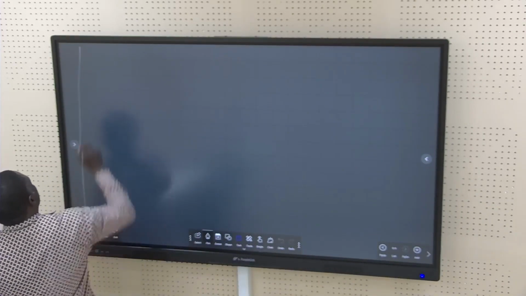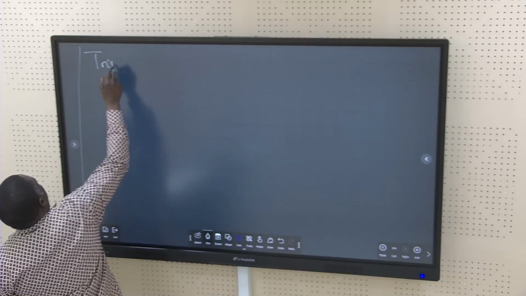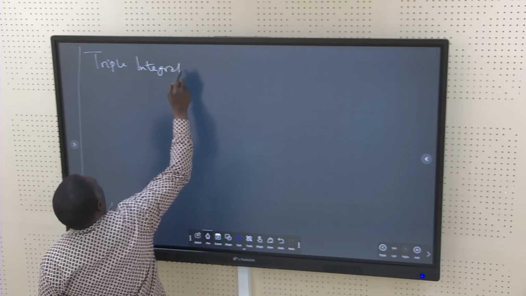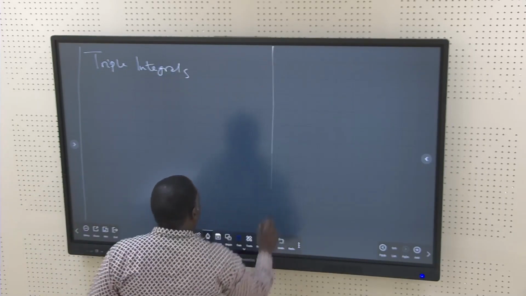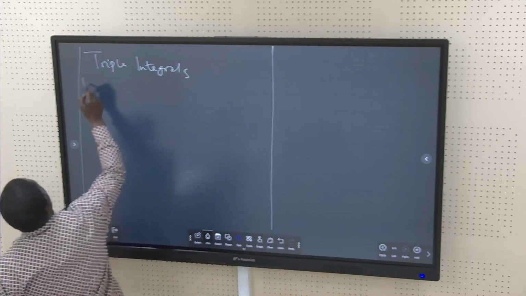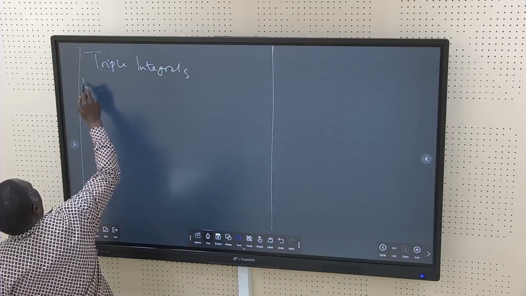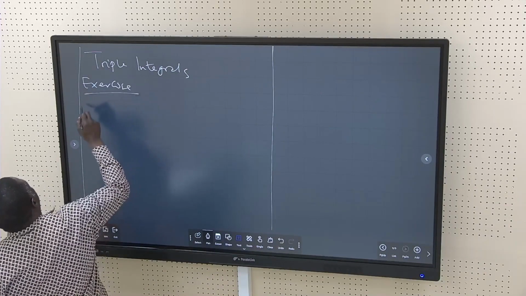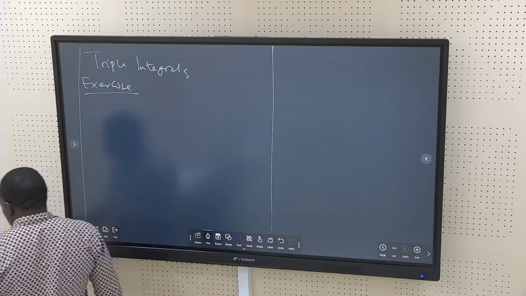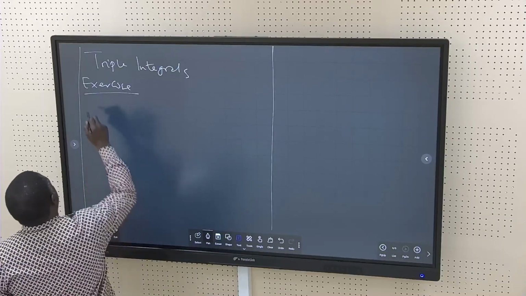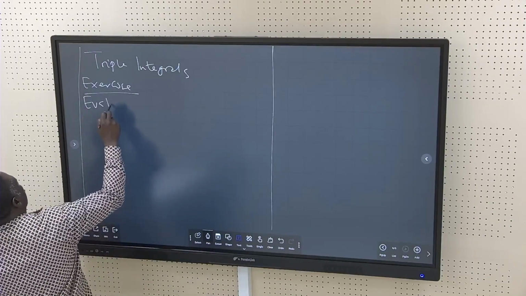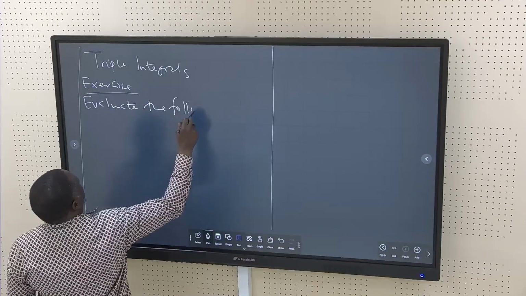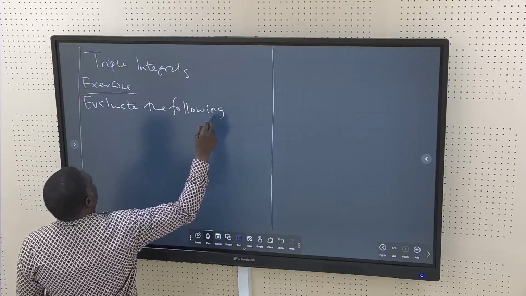Now try to do this exercise in triple integral. In triple integral, evaluate the following.